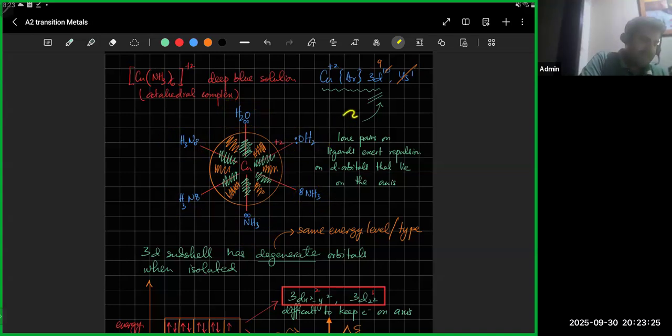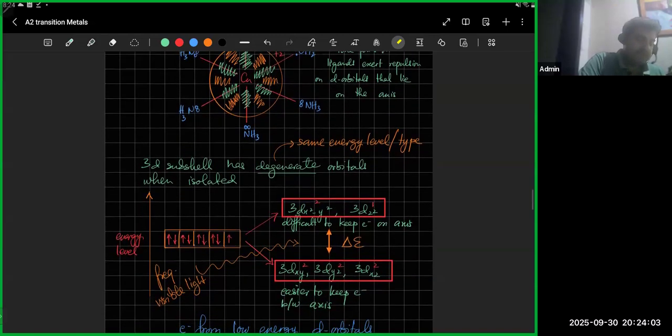Now, if the ligands are approaching on the axis, and they have their lone pairs approaching on the axis, inside the atom it kind of becomes harder to keep the d electrons on the axis. Why? Because all your ligands are sticking on the axis, right? So it's harder to keep electrons on the axis, in the dz square, in the dx2 minus y2. But it's easier to keep electrons between the axes, right? Because the ligands are further away from there.